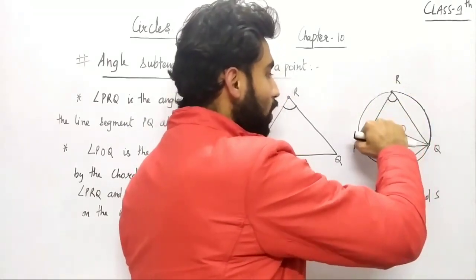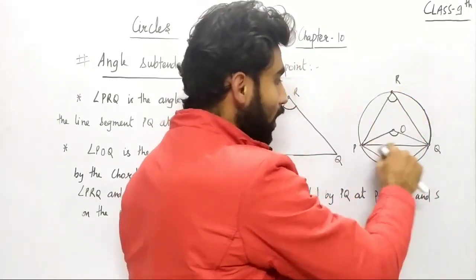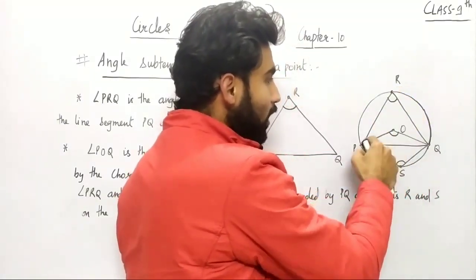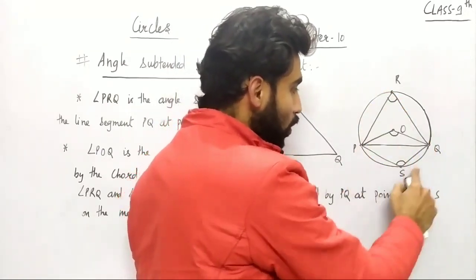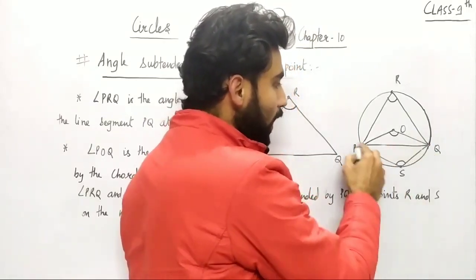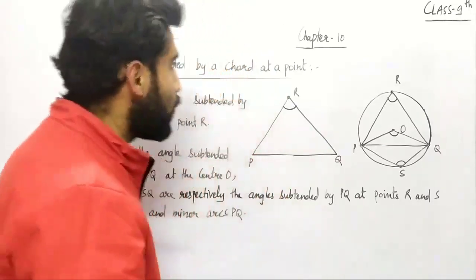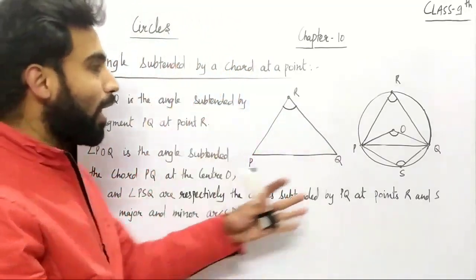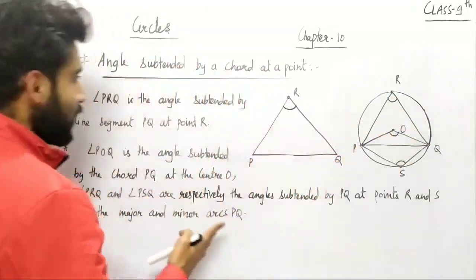On this major arc there is a point R at which the chord subtends an angle. Also on the minor arc there is another point at which this chord subtends some angle. So we are going to discuss the angle subtended by the chord at a point. Let's start this topic.